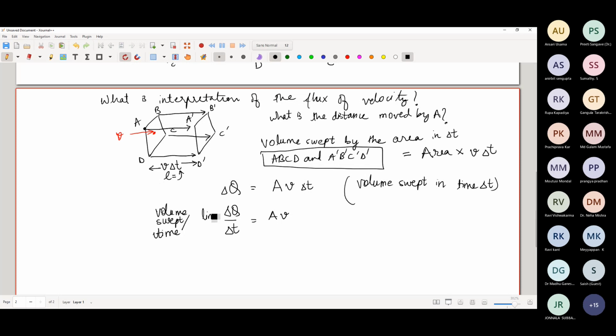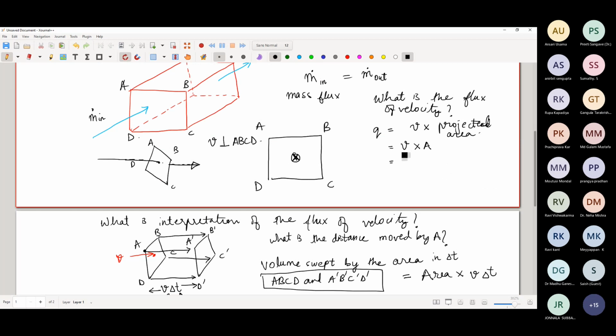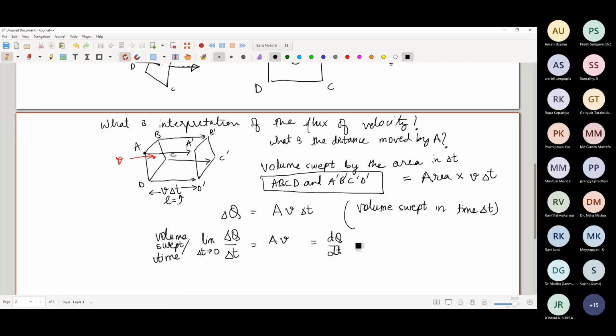If I take the limit delta t goes to 0, this will be equal to dQ/dt. So the area times velocity has the interpretation of the volume swept per unit time.